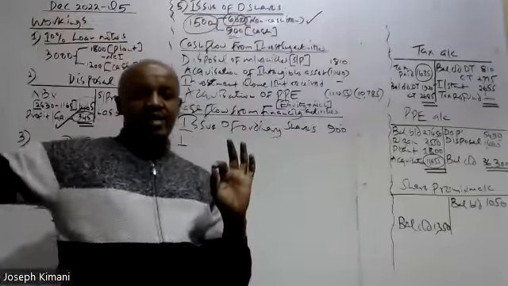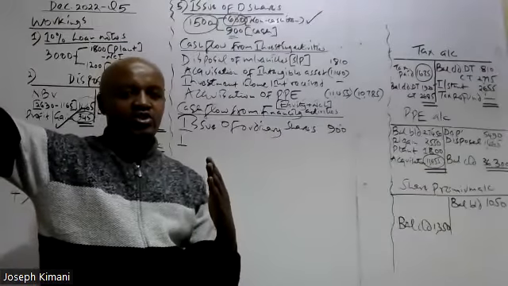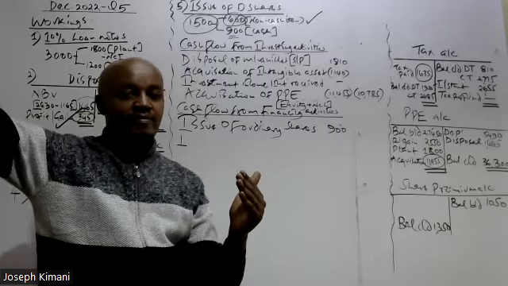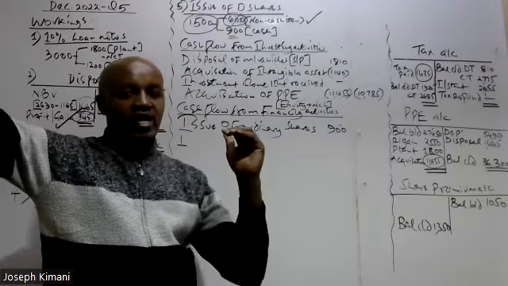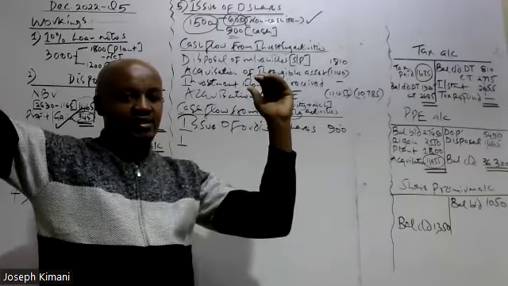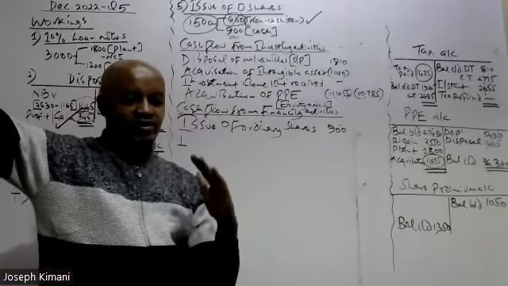Now, how do we account for a bonus issue which is financed by a share premium? Once the company makes a bonus issue and finances that bonus issue using the share premium, the implication is that the share capital of the company increases. So we increase the ordinary share capital, then we reduce the share premium.